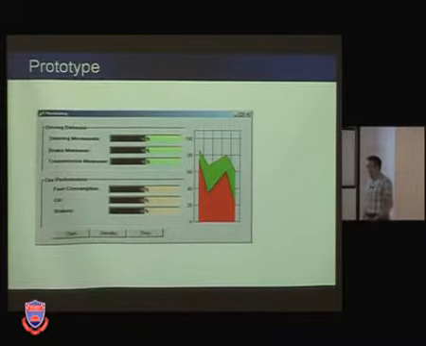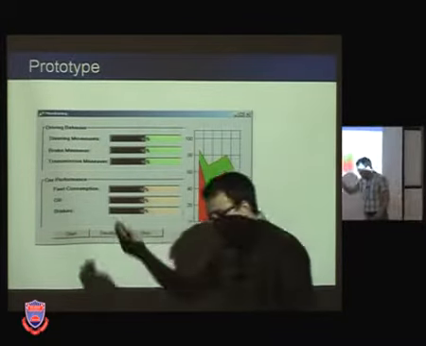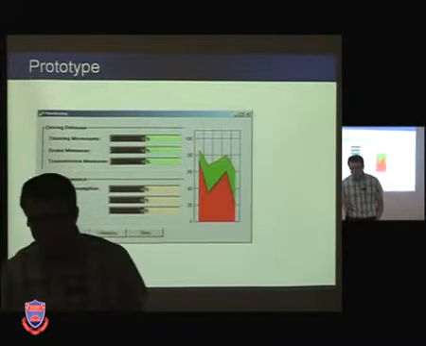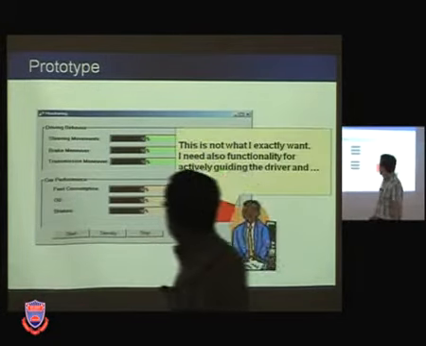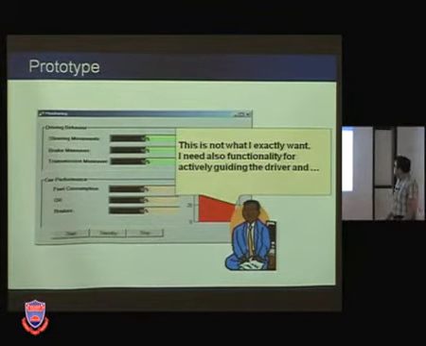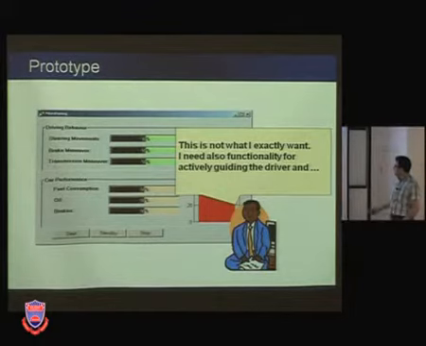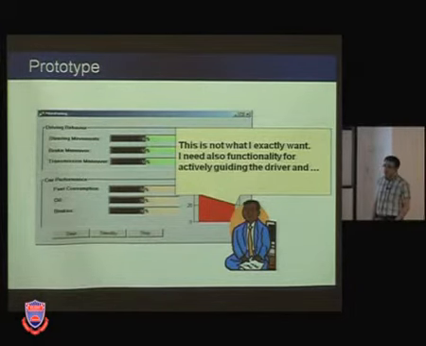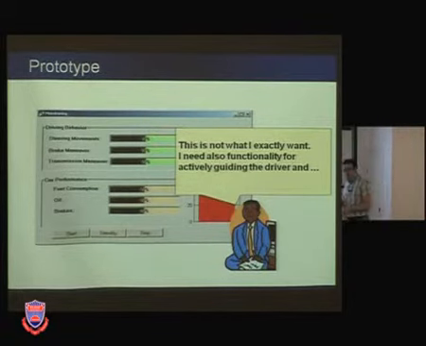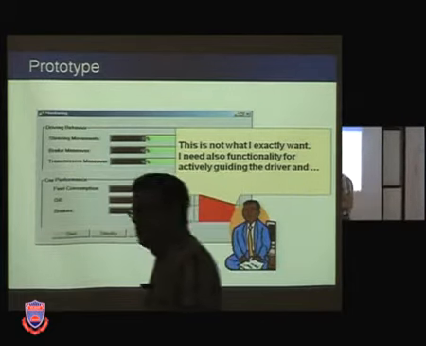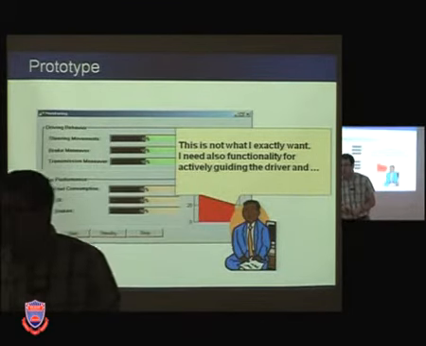Then you just show this to the stakeholders. Is this what you mean? They could say, this is not what I exactly want. I also need functionality for actively guiding the driver, etc. This is too simple for me. It's not what I mean. So it helps to identify the key concerns.